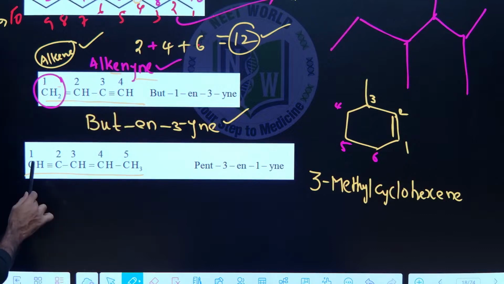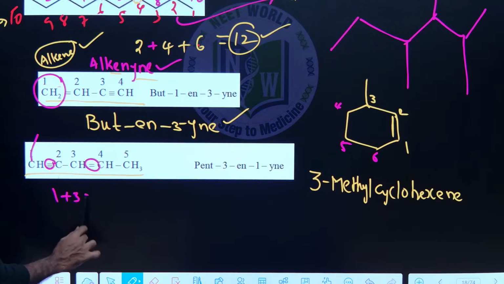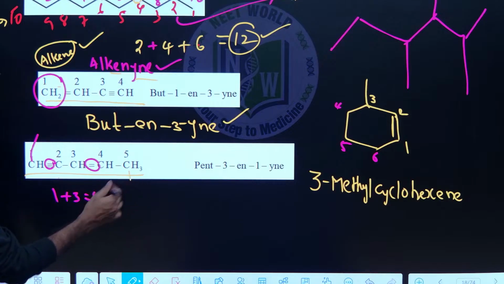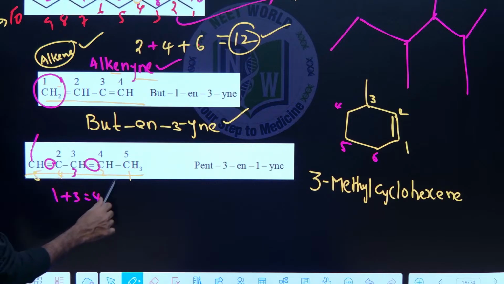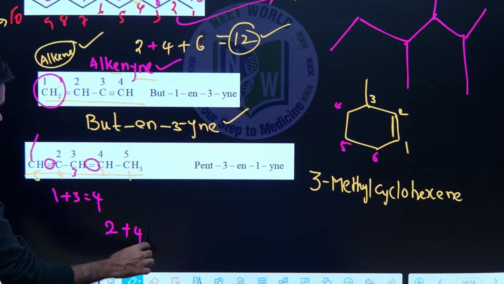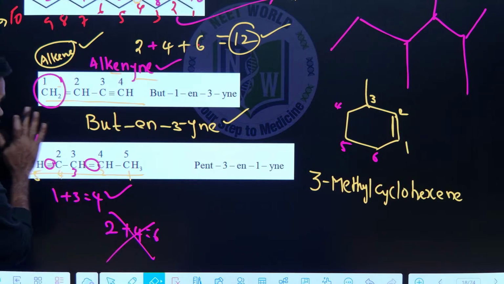I can number from here so that the two functional groups get a total sum of 1 plus 3, which is 4. But if I start numbering from the other side, this is 1, 2, this is 3, again 4, 5. What numbers do we get? 2 and 4, which is 6, a very high number. So the first way is the proper way of numbering.